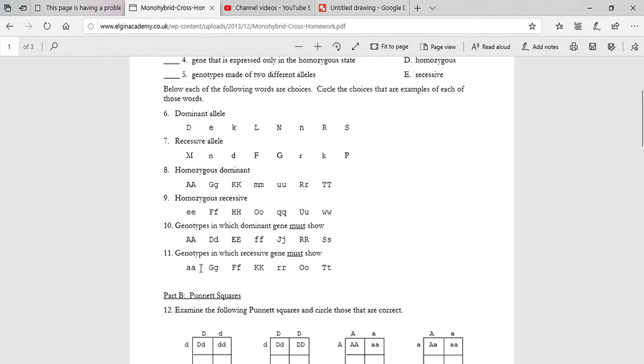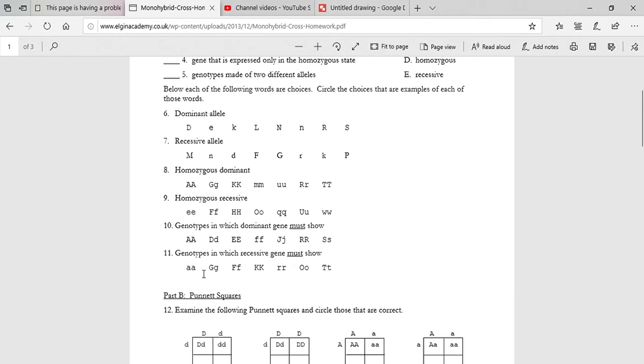The genotype in which the recessive genes must show can only be possible if you have a homozygous recessive situation. For example, aa.